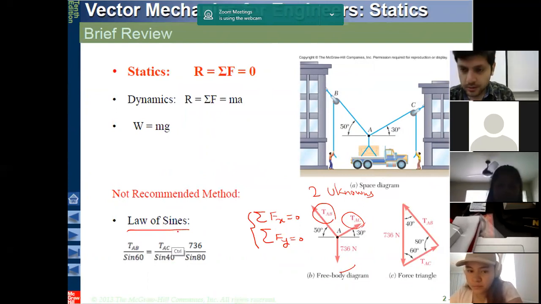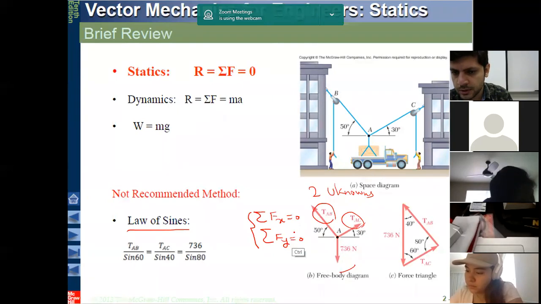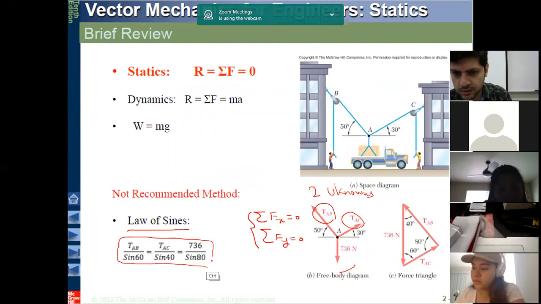You can use it in two-dimensional cases where you have 3 forces acting at the same point. Like here, you have 3 forces acting on point A, then you can write this equation.